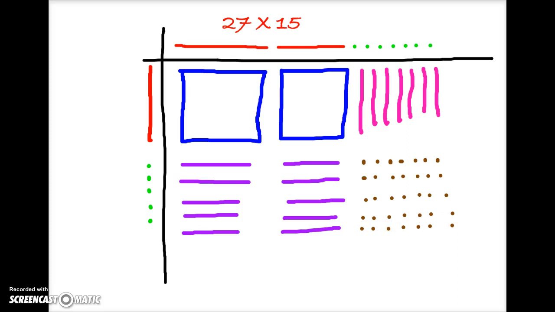Now let's examine our partial products. We have 2 flats for a total of 200. And I'm going to go ahead and list them as I go, because we know we're going to have to add these partial products in just a minute. I have a partial product of 10, 20, 30, 40, 50, 60, 70.